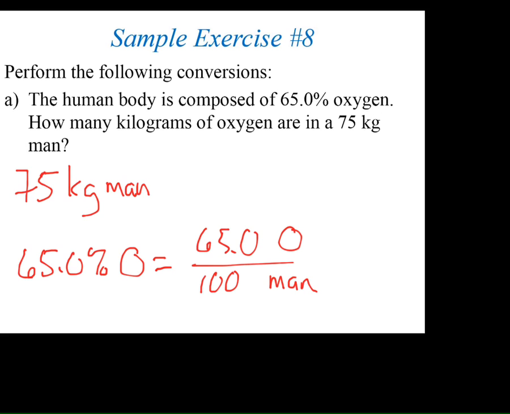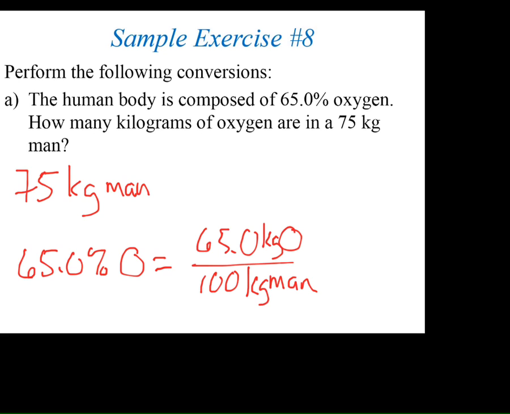So again, I could use 65 grams out of 100 grams, 65 kilograms out of 100 kilograms, 65 pounds out of 100 pounds, whatever unit you're interested in. There's no set unit; it doesn't always have to be this unit. In our case, we're interested in kilograms. So let's use kilograms, let's make it easy on ourselves. So 65.0 kilograms of oxygen are in every 100 kilograms of person. See how that works?